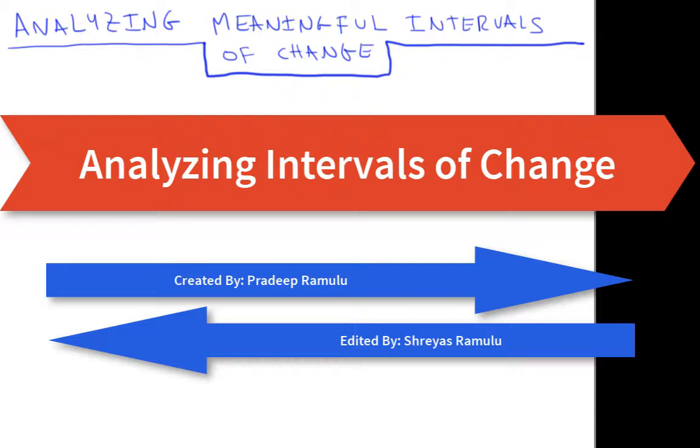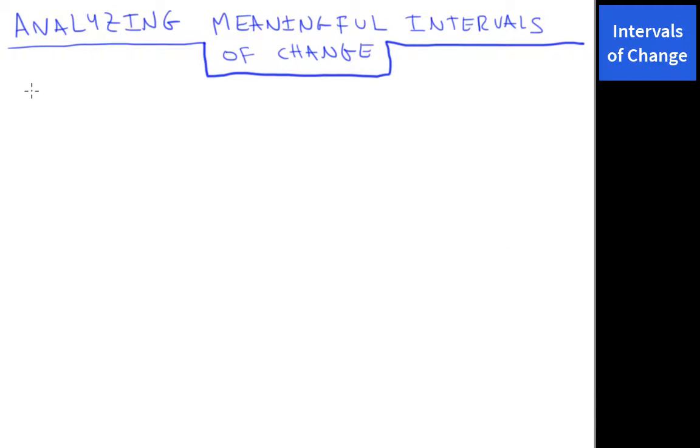We're going to talk about analyzing meaningful intervals of change, which is very important for variable creation as well as running regression models. Typically, when you're running regression models, you'll either be using linear regression, such as a regress command, or a logistic regression, where you'll be using the logistic command. And you'll be looking at the relationship of an outcome variable to your predictor while accounting for covariates, if you so choose.